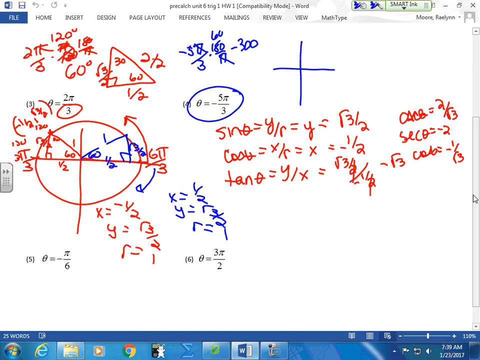So if I start this and I'm going clockwise, this is 0, 180, 360. So I'm going to go like this. I'm going to stop short of 360, right? How many degrees are here between 300 and 360? 60.